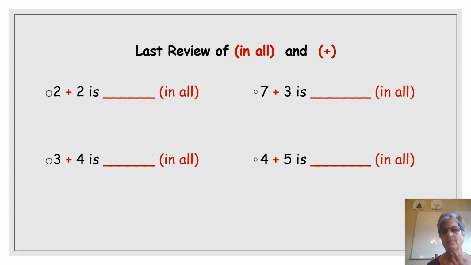Then count how many objects you have in all. That means count all the objects that you just drew, the ones in 2 different colors. And you should have 10.